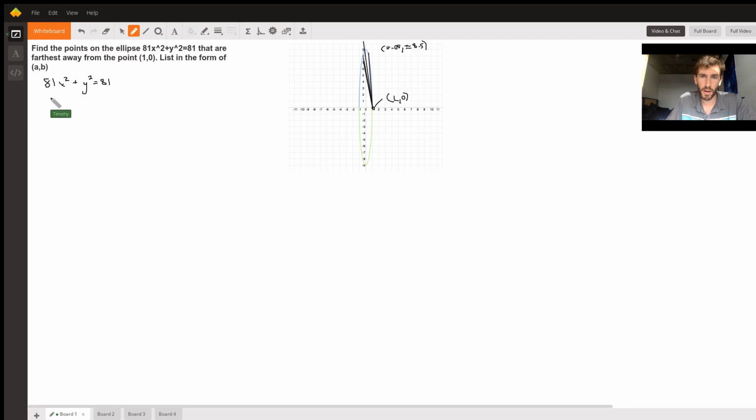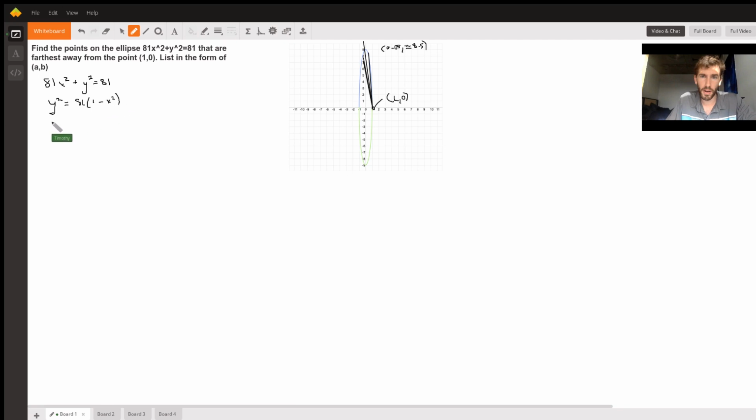So if we rearrange this, we basically will have y squared is equal to 81 times 1 minus x squared, because we subtract the x squared on this side and then we just factor out the 81.